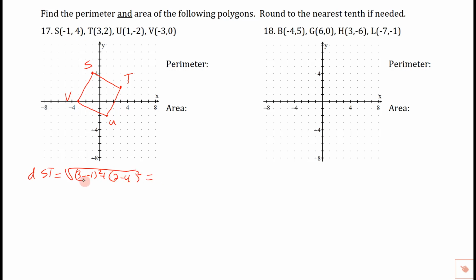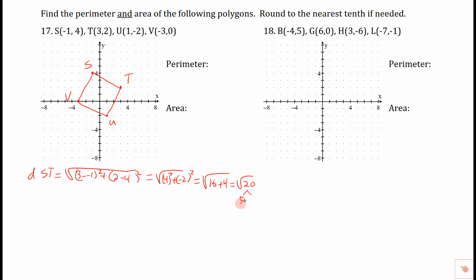So let's see what we end up with here. This is going to be the square root of 4 squared, and then plus, this is a -2, and we're going to square that. So 4 squared is 16. And -2 squared ends up being positive, so that's going to be plus 4. So this is the square root of 20.